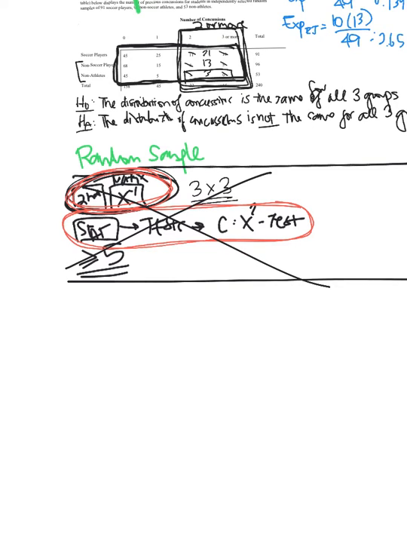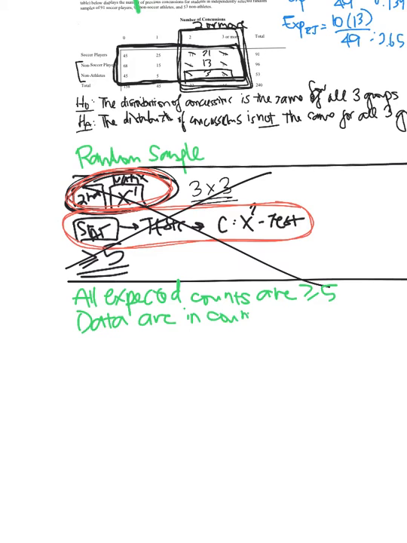Okay, so our second condition is that all expected counts are greater than or equal to 5 now. All right, and data are in counts. Okay, all right, let's move on to statement.